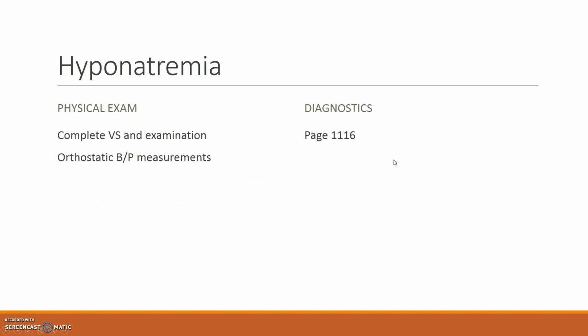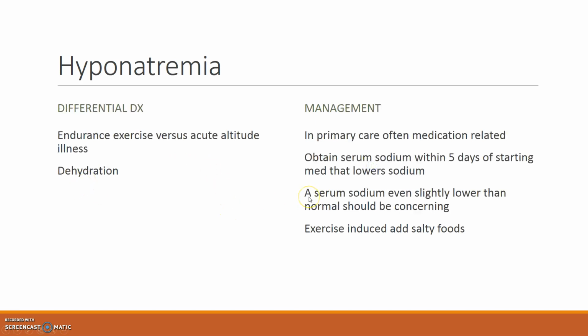Physical exam has to be comprehensive, with particular emphasis on vital signs and orthostatic blood pressure measurements. And then I want you to review the diagnostics on page 1116. There's several tests that are appropriate when you're trying to differentiate and diagnose hyponatremia. Differential diagnosis, again, I want you to review.